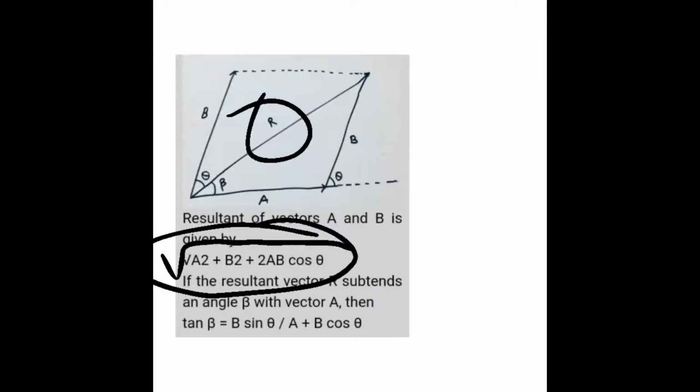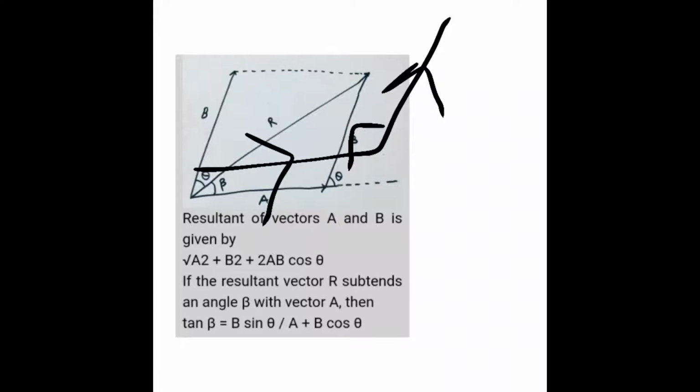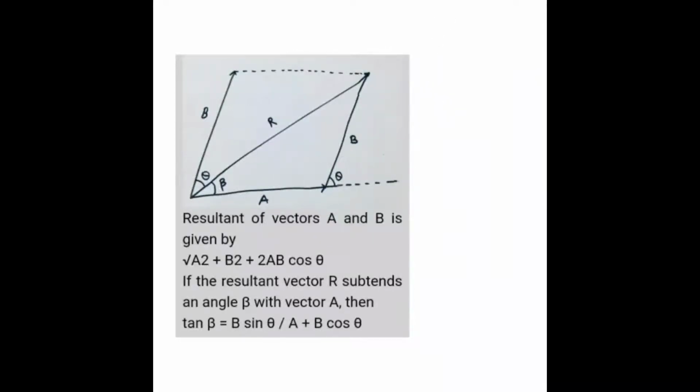Now one thing you note here: from this parallelogram law of vector we can get the triangle law of vector also. Like you see, if I consider this vector A and this vector B, and we need to find its resultant, or you can say that two vectors are in the same direction, that means both vectors are acting in the same direction.